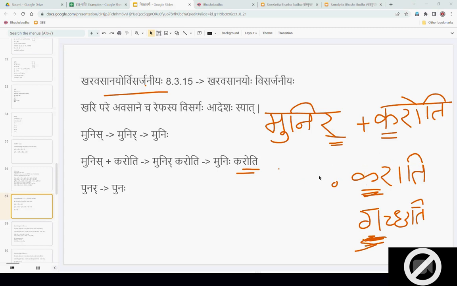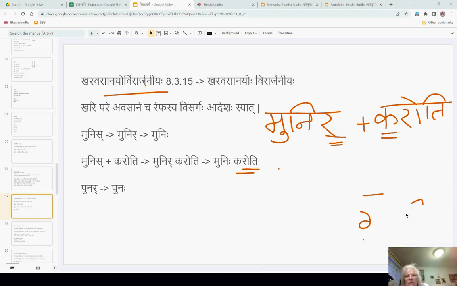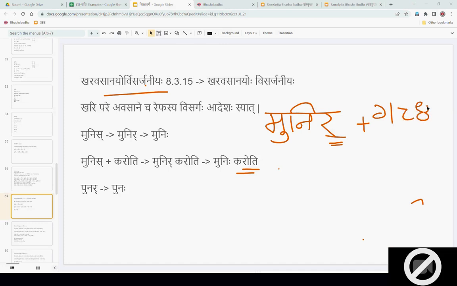So suppose instead of karoti, you have munir gachati. Then ra is still there, at the end of the word, but what is following it?